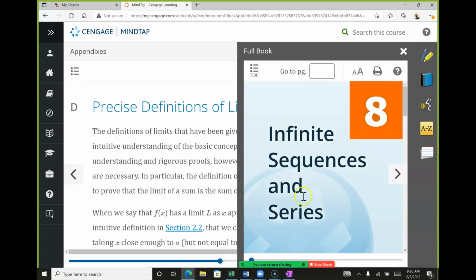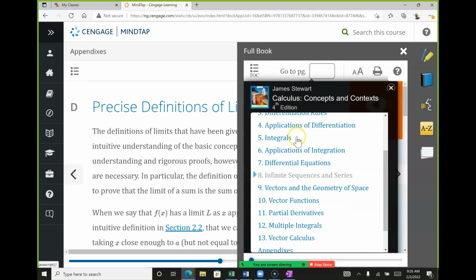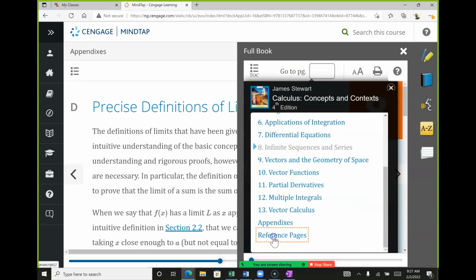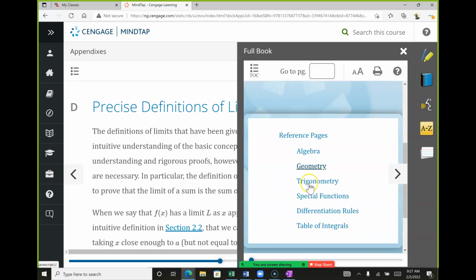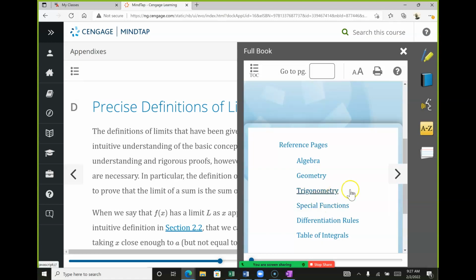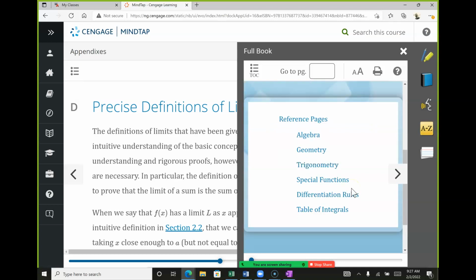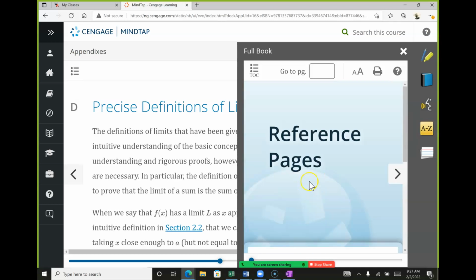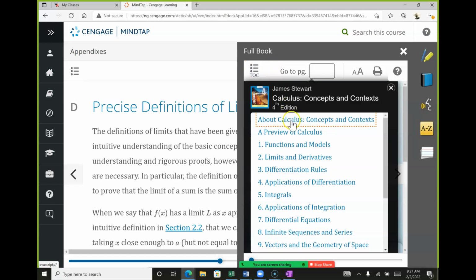It didn't open to the right place. We'll try it again. Table of contents. Reference pages. There we go. Where is it? The answers are here somewhere. I'll find them, and I'll post them in a Blackboard announcement.